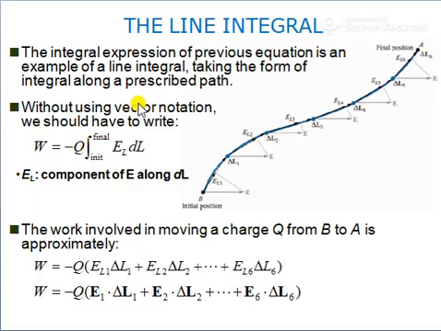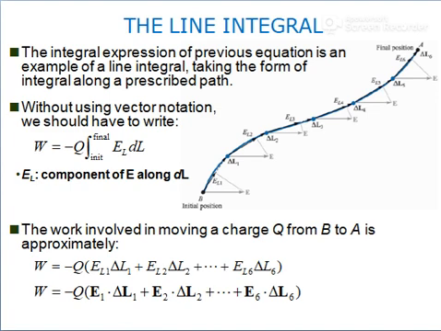Now, without using vector notation, we should write this equation as W equals minus Q integration from the initial point to the final point of E_L dl. Here E_L is the component of E along dL.